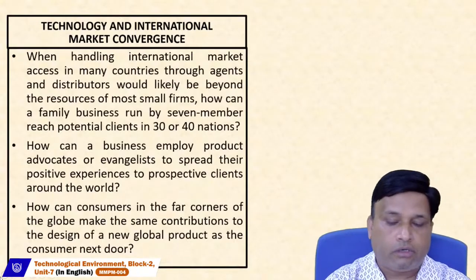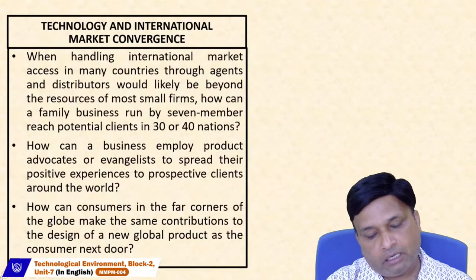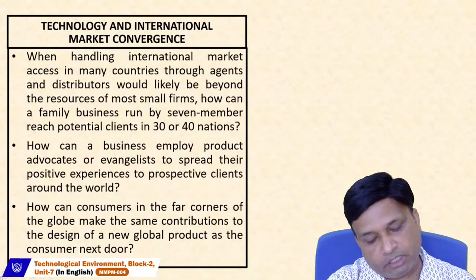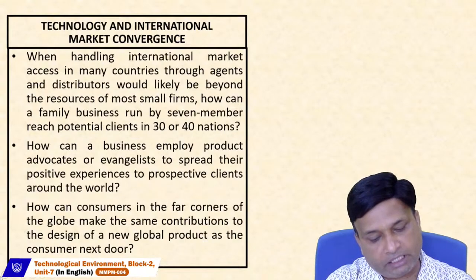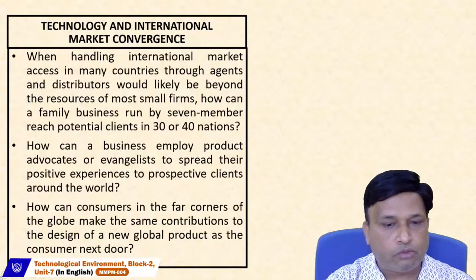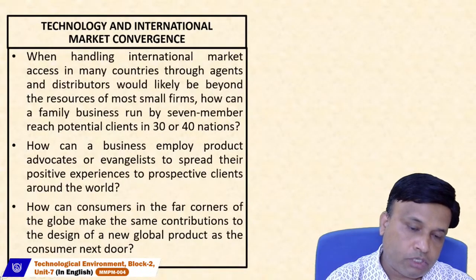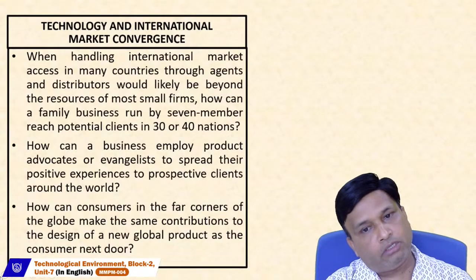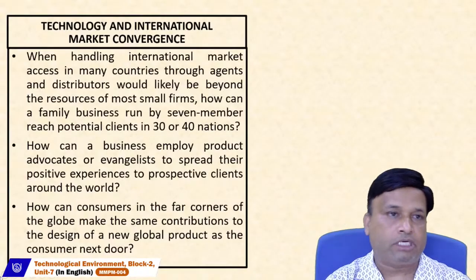It is also making local companies more powerful and more accessible, because they can reach other countries even though they do not have the capacity to afford physical distribution. Consumers can also contribute to designing global products, and that is also possible because of technology.